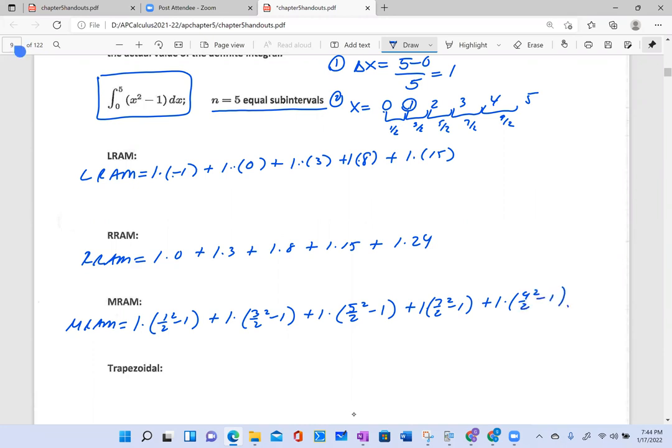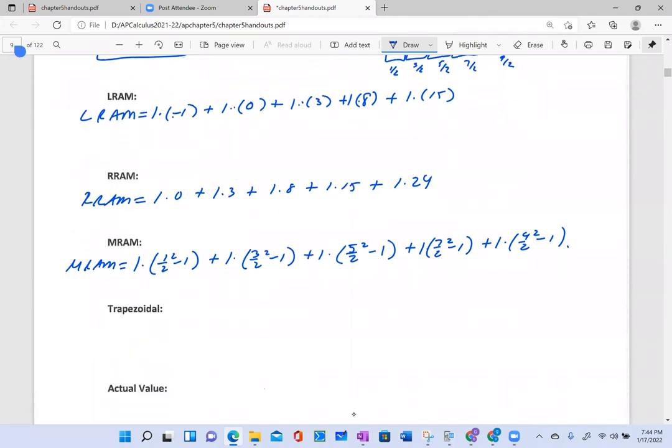Because all these are just multiplied by 1, you could just do the arithmetic as 1/4 minus 1 plus 9/4 minus 1 plus 25/4 minus 1 plus 49/4 minus 1, because that's 1/4, 9/4, 25/4, 49/4, and then plus 81/4 minus 1. And you can group all your quarters together of like denominators and minus ones.